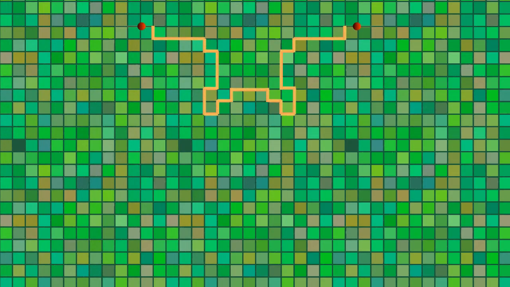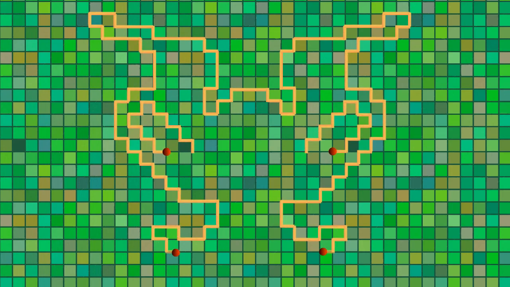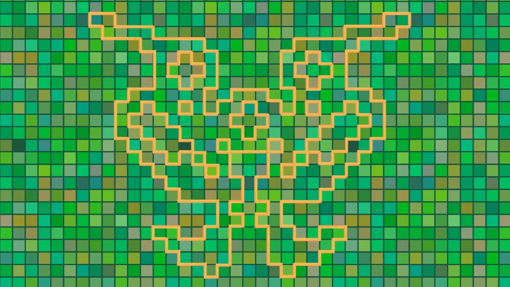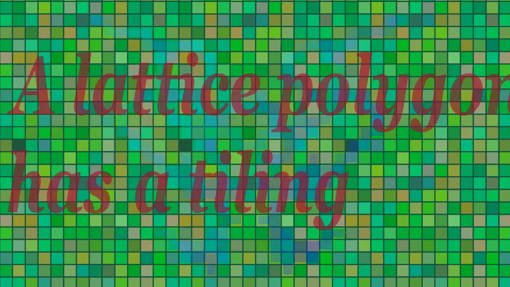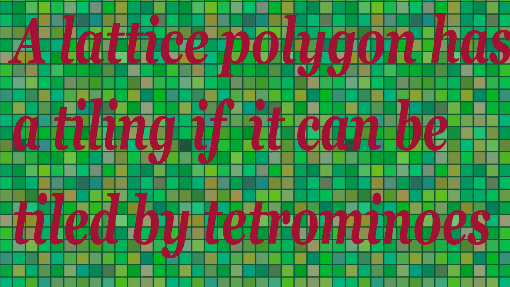These all 4 types together define all the tetrominoes in our family. A lattice polygon P is, by definition, a finite union of unit dominoes, and it is also uniquely defined by its interior and exterior perimeters. For example, the perimeter in the illustration defines the following lattice polygon P. A lattice polygon P has a tiling if it can be tiled by tetrominoes in our family.